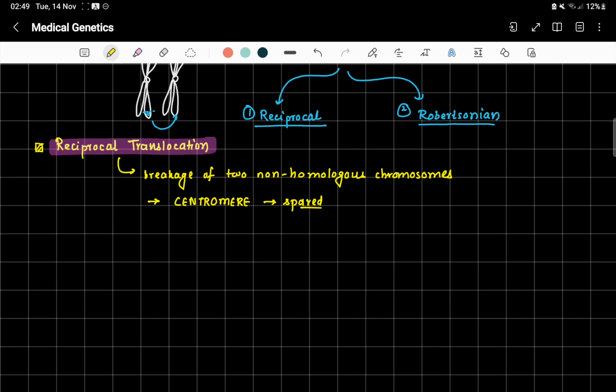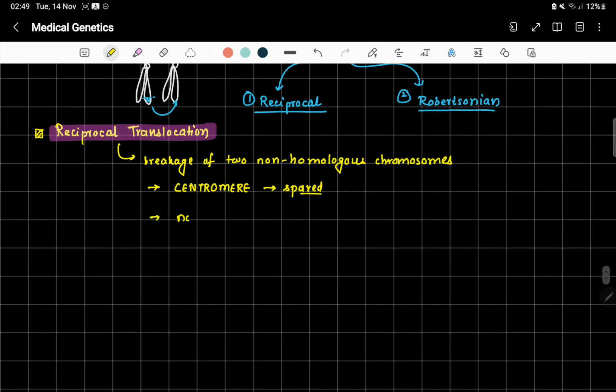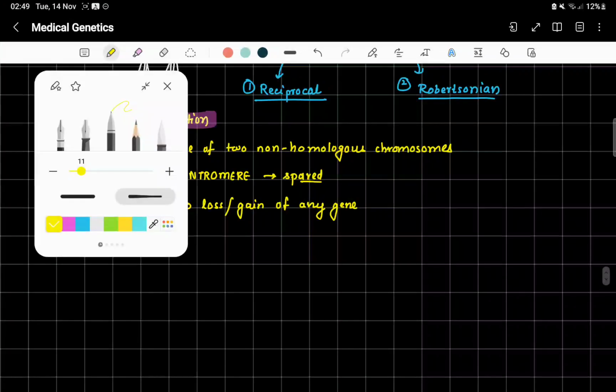There is no loss or gain of any gene. Just they are exchanged. Understood? So the individual may not show any effect as such.